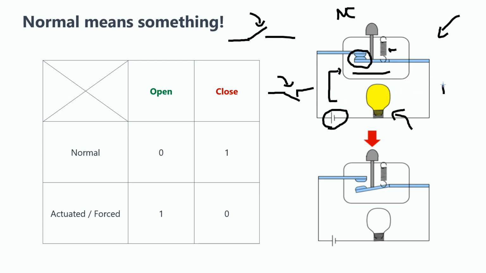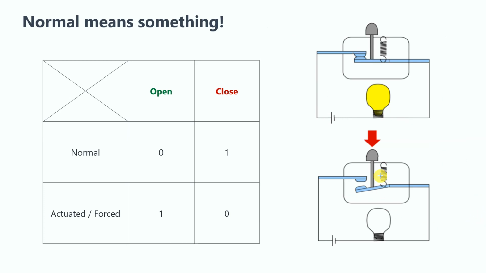But on the bottom side, you can see that this normally closed switch can be forced open. So when you push this button, it breaks the contact and the circuit is off. So normally implies that in the actuated condition, the roles are reversed and the circuit can be turned on or off depending on the requirement.